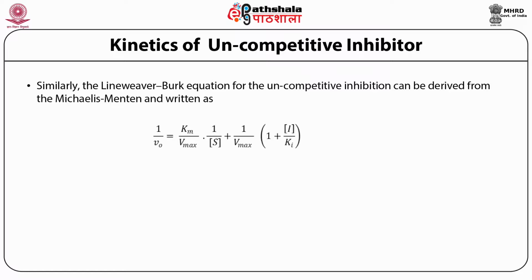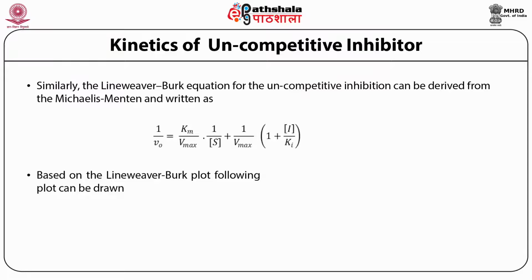But when you calculate the intercept at the x-axis, then you will find 1 by Km will also alter. This calculation of 1 by Km has been elaborately discussed in another module on determination of kinetic parameters. So we will find that in the presence of uncompetitive inhibitor, there is a change in the Vmax as well as a change in the Km.